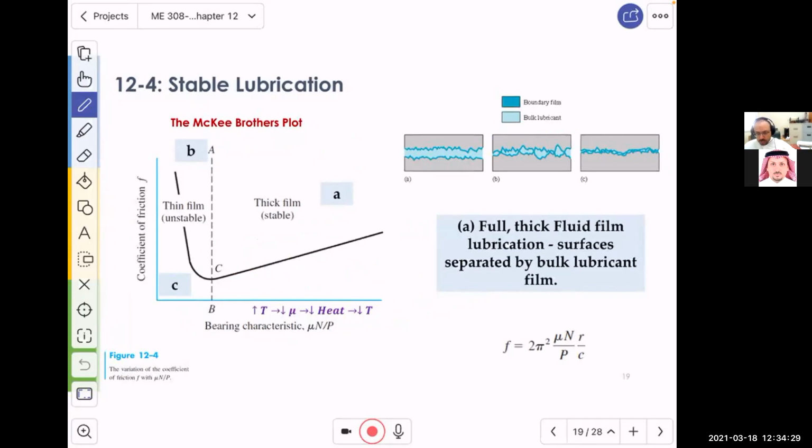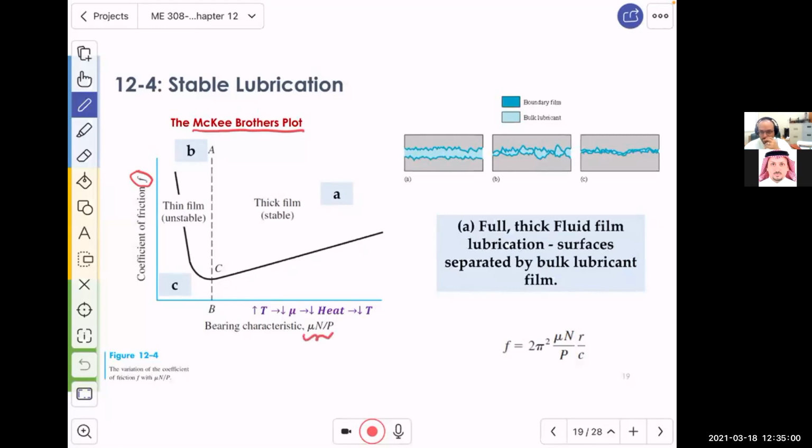So this section 12.4 is about stable lubrication. Now, when Petrov established his equation, there were two brothers who made a very famous plot, known as the McKee brothers plot. They made an experiment to get the coefficient of friction in Petrov, which is on the left-hand side, and mu N over P, right?